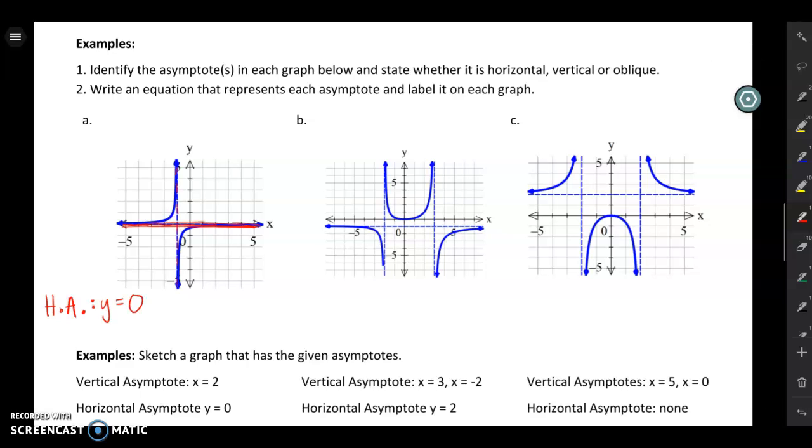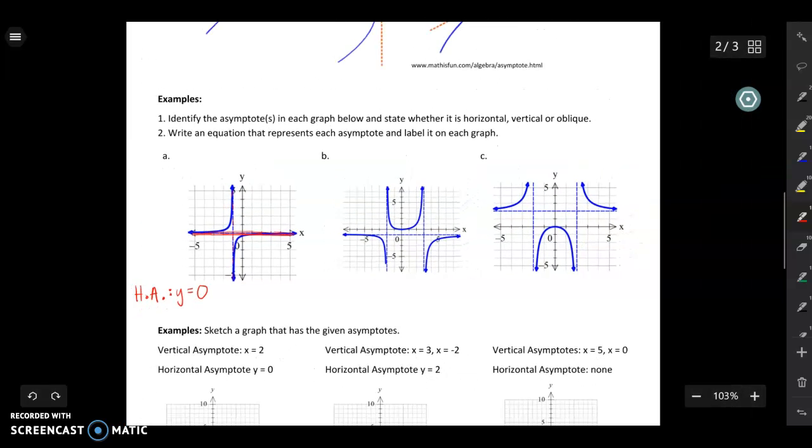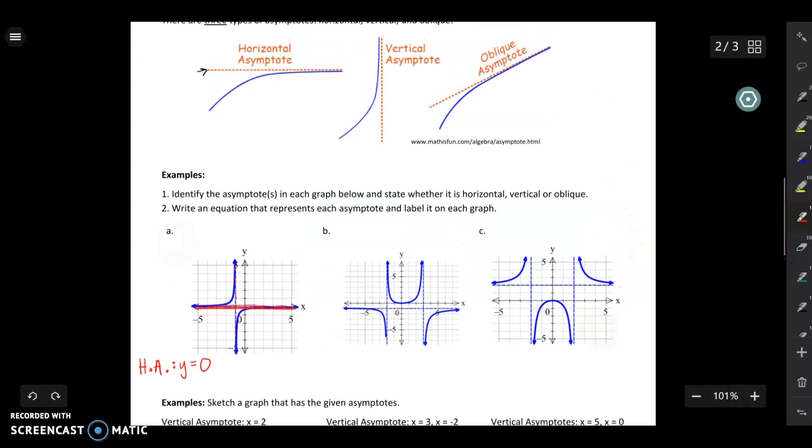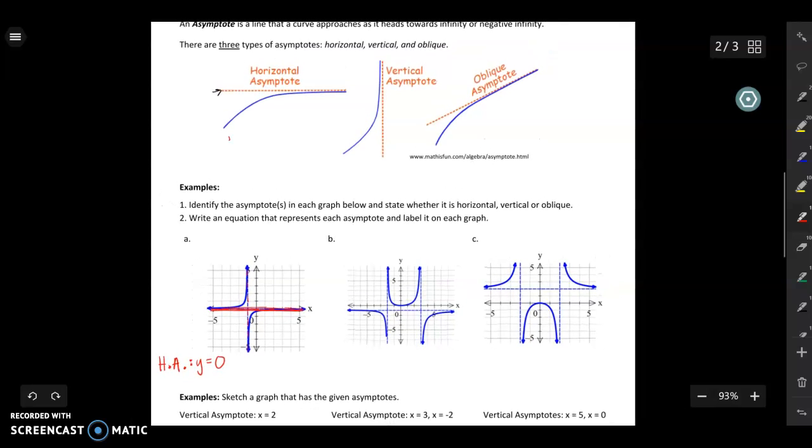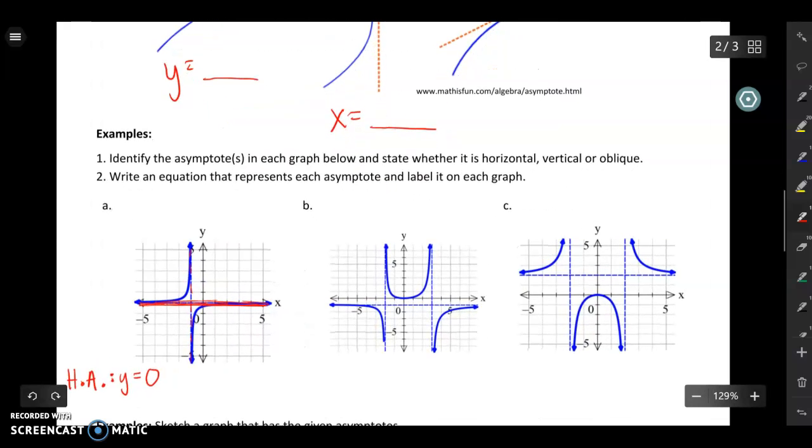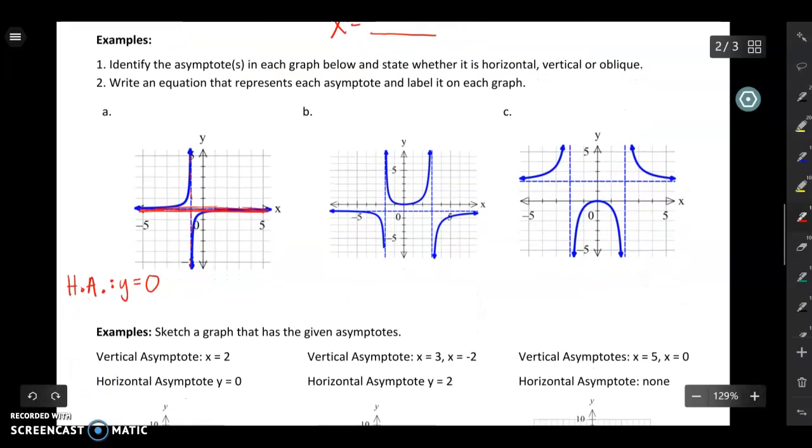And all horizontal asymptotes are going to have an equation y equals some number. In fact, let's come up to this horizontal asymptote up here and write that. It'd be y equals some number. And a vertical asymptote is kind of opposite of that. The vertical asymptote is always going to be x equals some number. So as you write the equations for these, just know that that's what the equations are going to look like.